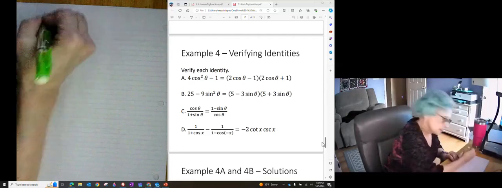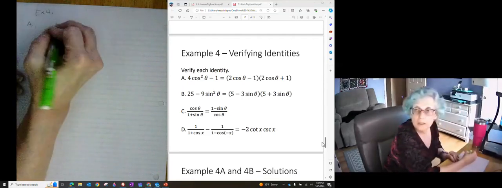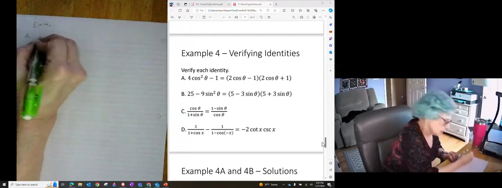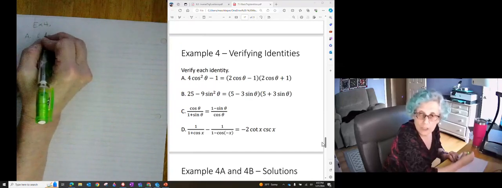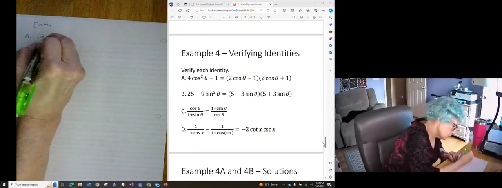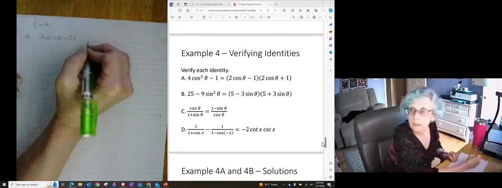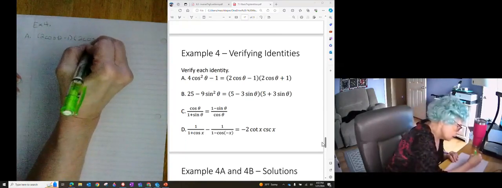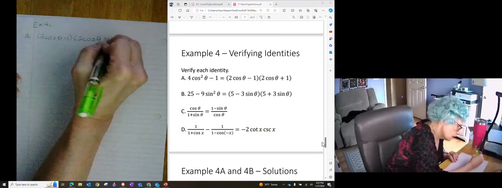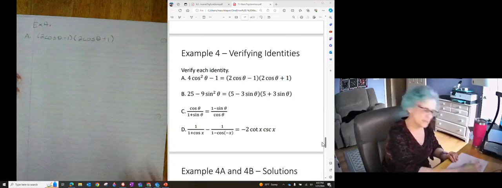And this is example 4. So I'm not going to write it. I'm going to go ahead and write down 4 cosine squared would be 2 cosine theta minus 1, and it's a difference of 2 squares, so 2 cosine theta plus 1. Oh, that's all we had to do. All you had to do was factor that.